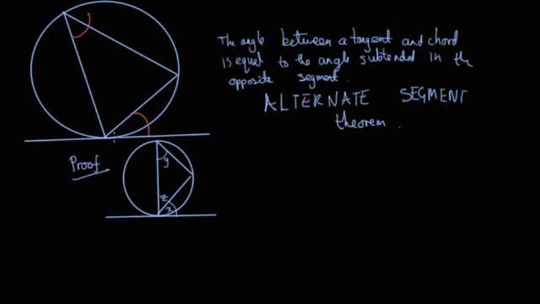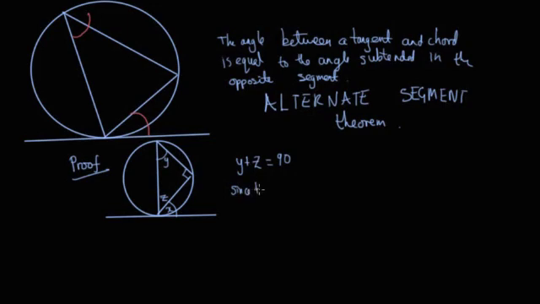Since the angle in the semicircle is 90 degrees, y plus z must equal 90 degrees. Previously in a previous video we talked about this special case where that's going to be right angles.